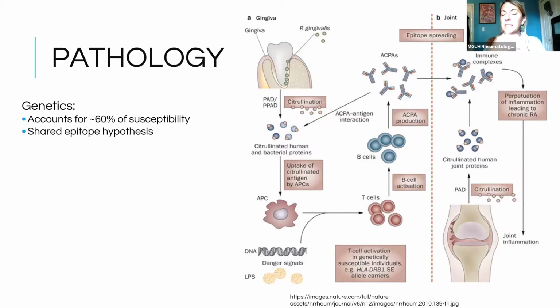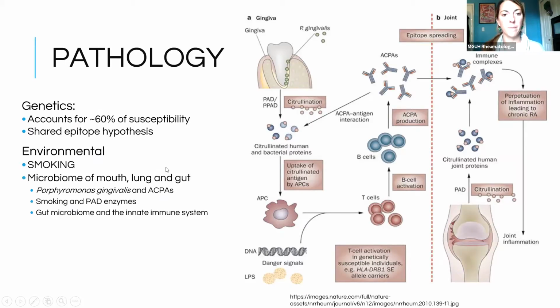There'll be some mistaken identity where the body will then start attacking your own tissue and your own cells that look similar to that to your immune system. And as you know from going through medical school, there's a lot of backup mechanisms within the immune system to try to prevent this from happening. But even so, we do still see this occur sometimes.